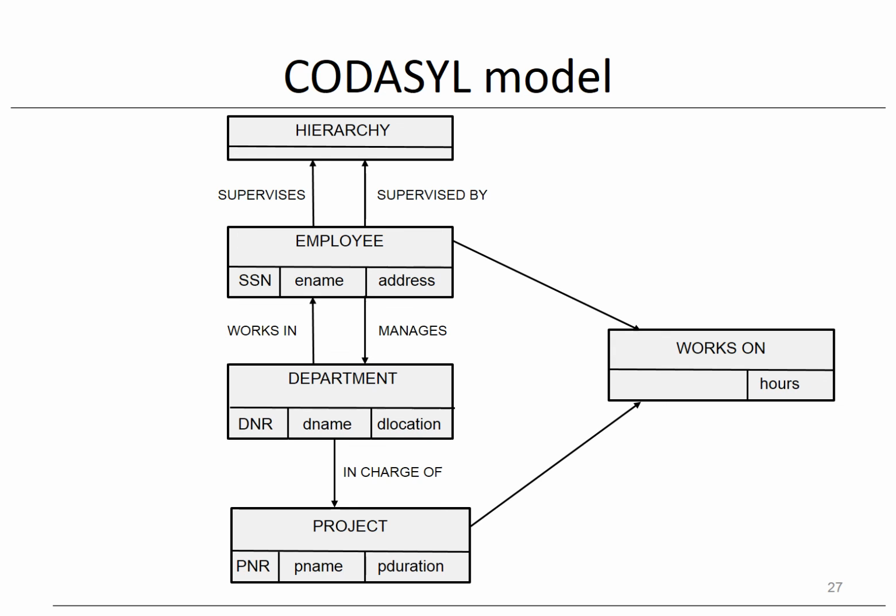Two set types are defined between employee and department. The first one models which employee works in what department, and the second one which employee manages what department. Finally, a set type between department and project models which department works on what project.